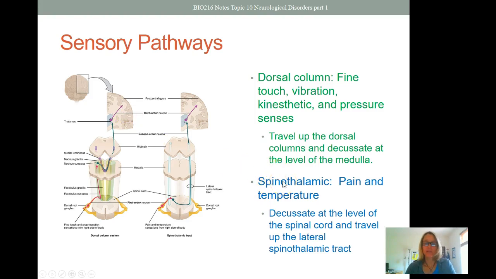The spinothalamic pathway involves the senses of pain and temperature. These travel a little bit differently.